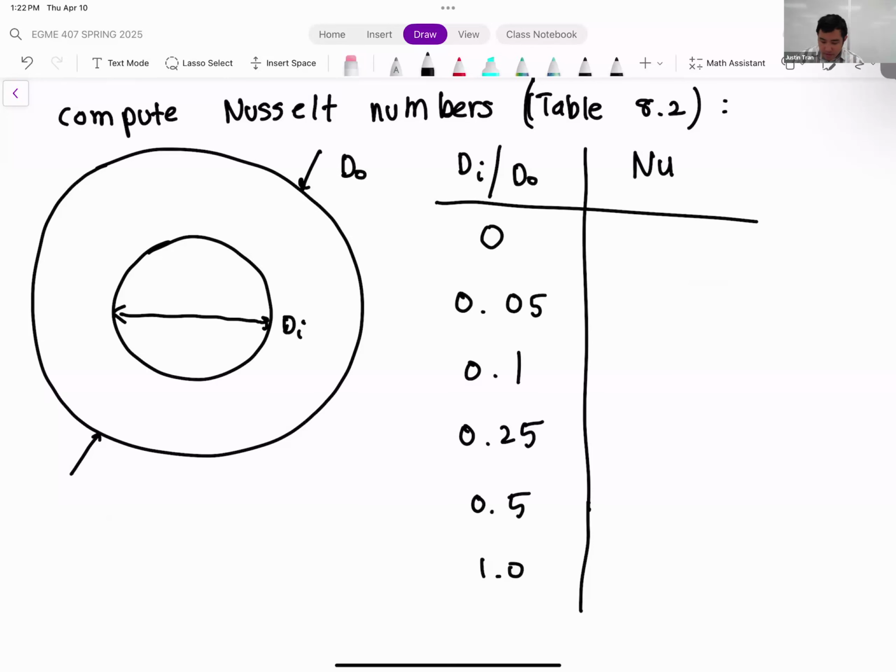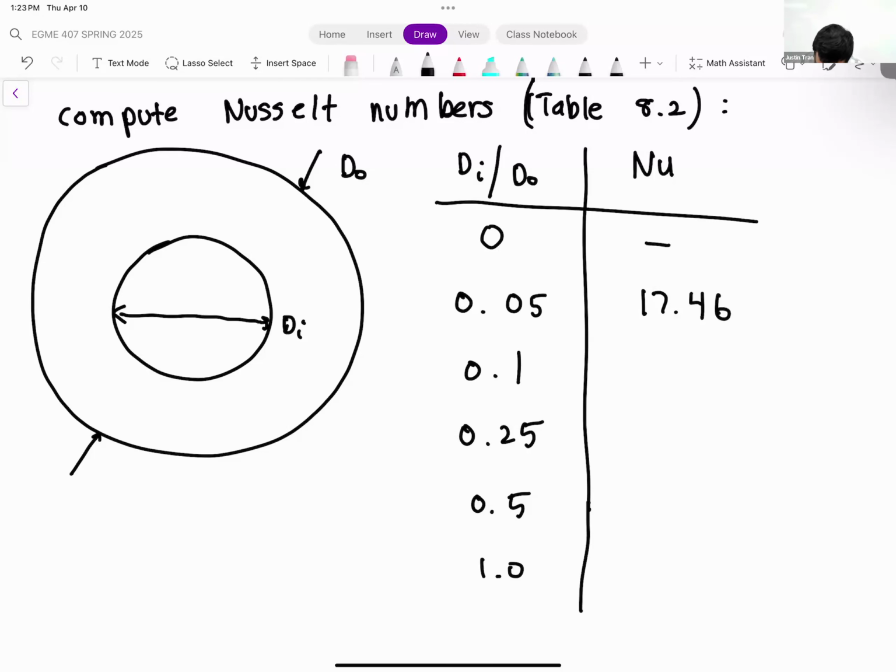All right, so the Nusselt numbers in this case. For a ratio of 0, that's basically the case where the inner diameter is non-existent, so you just have flow in a pipe. And in that case, we don't have a Nusselt number for that because that's just flow in a pipe. We use our other correlations for that. Okay. Now, when this ratio is 0.05, the Nusselt number is going to be 17.46.